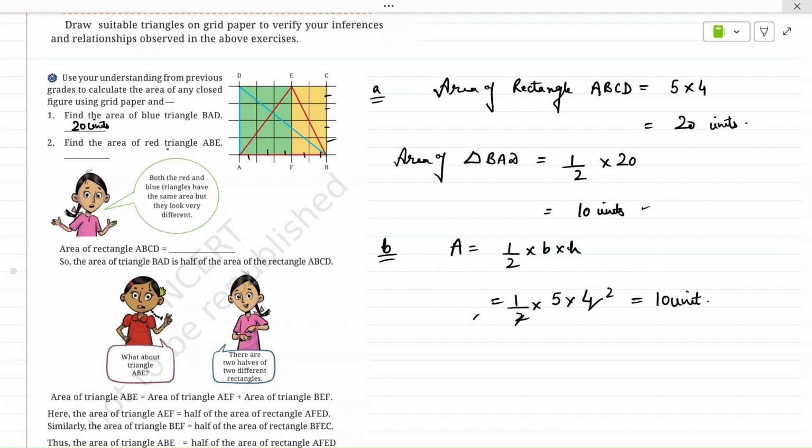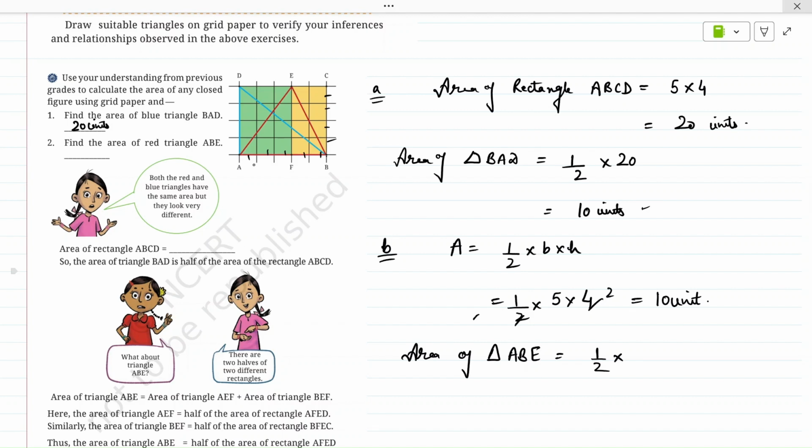Now second, find the area of the red triangle ABE. So this is the red triangle ABE. I'm writing here the area of triangle ABE. Simple, I'm using the formula half into base into height.